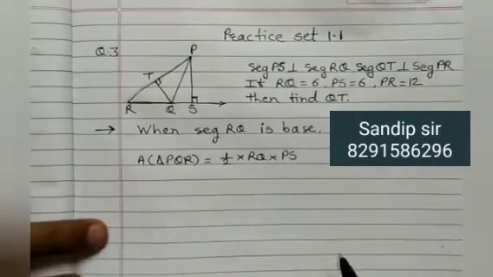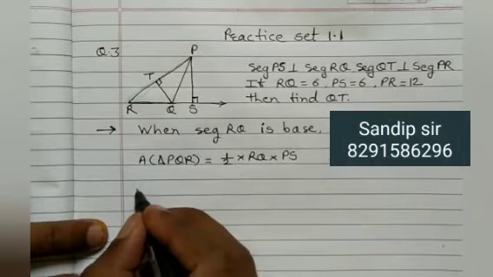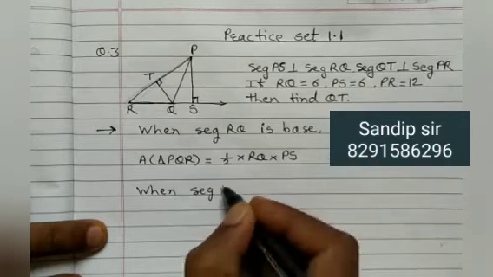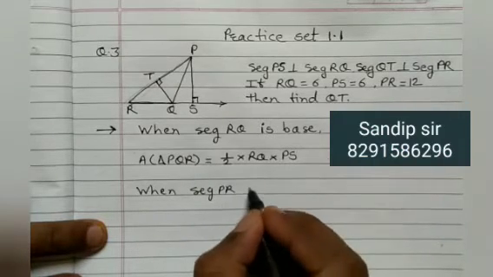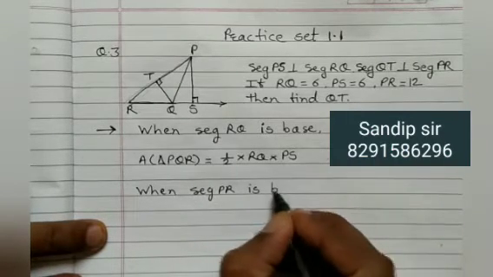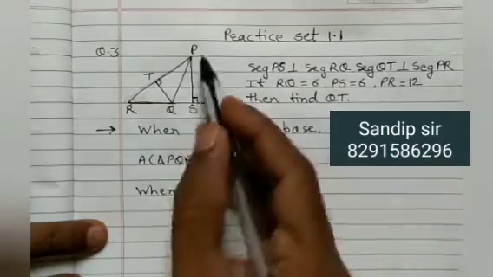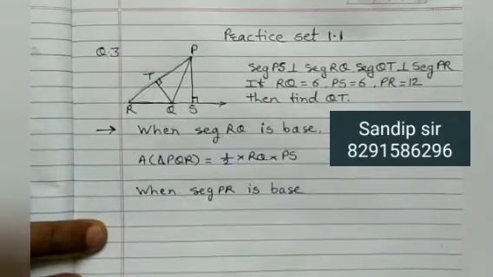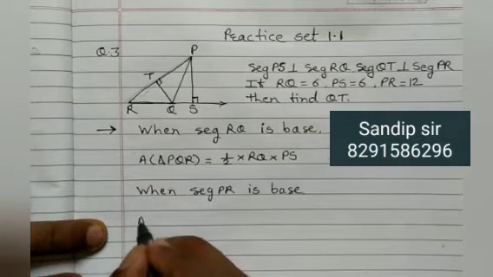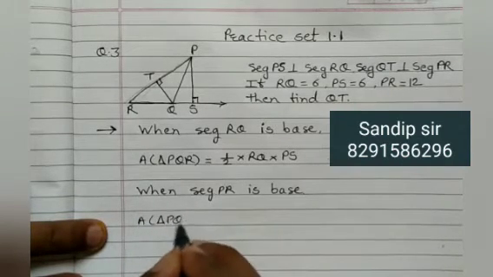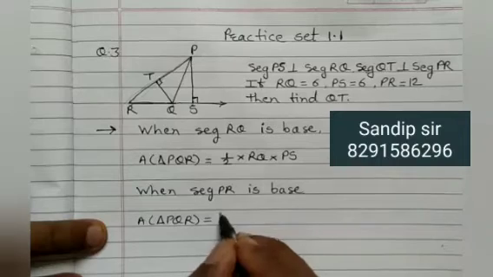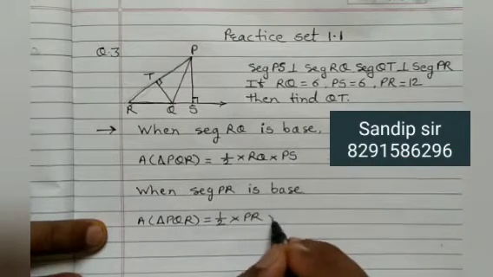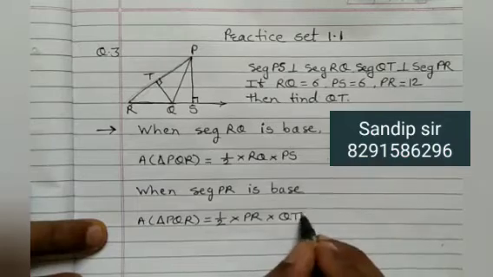Now we take the other base. When segment PR is base, QT is the height. So area of triangle PQR is equal to half into base PR and height QT.